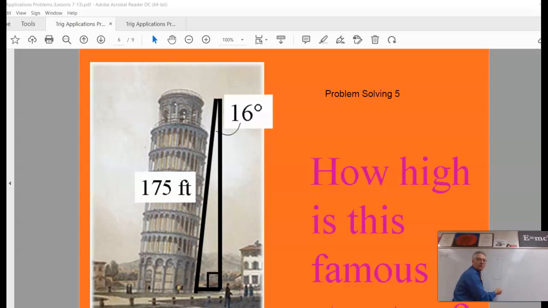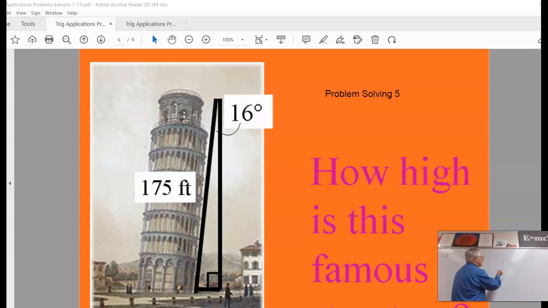So if we drop a perpendicular, this would be the right angle. I'm just dropping a plumb bob down from the top of the Leaning Tower of Pisa. This angle here is 16 degrees. That's quite a bit.